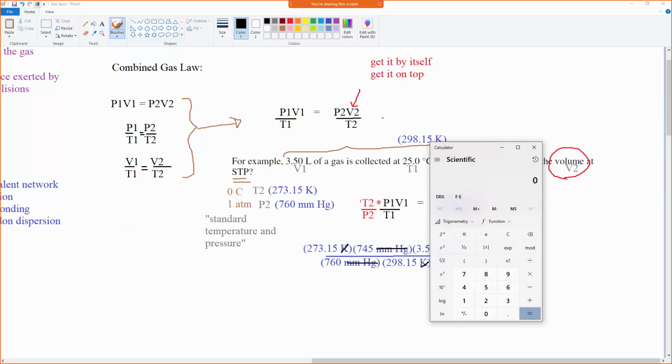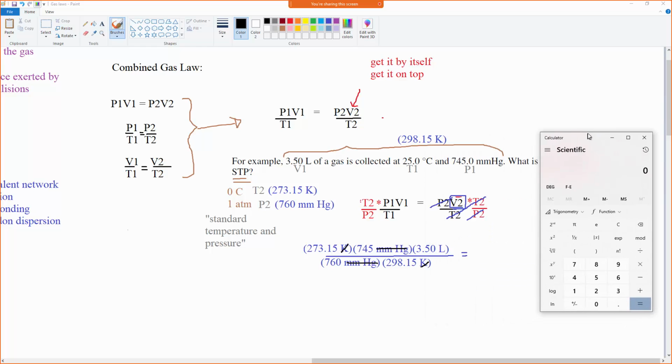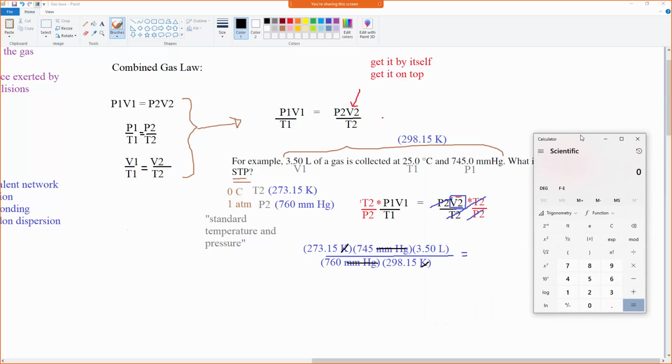So let's see here. Both Sarah and Nicole got 3.14 liters. Okay, let's plug this in. 273.15 times 745 times 3.5 divided by 760 divided by 298.15.